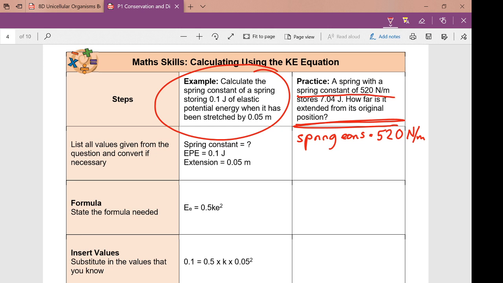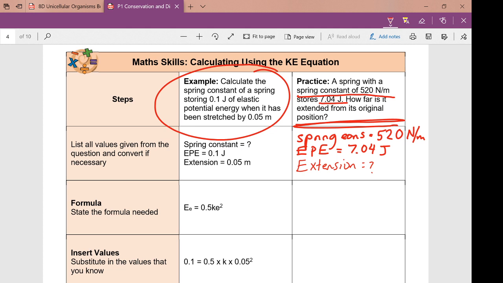Stores 7.04 joules, that's an energy, so EPE equals 7.04 joules. How far is it extended? So extension, that's going to be my question mark.